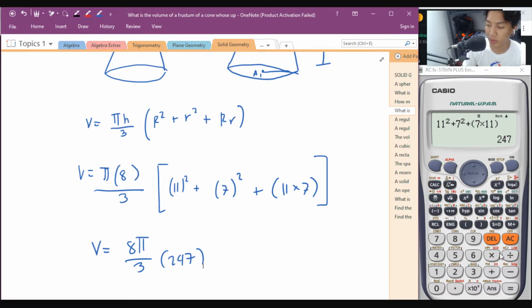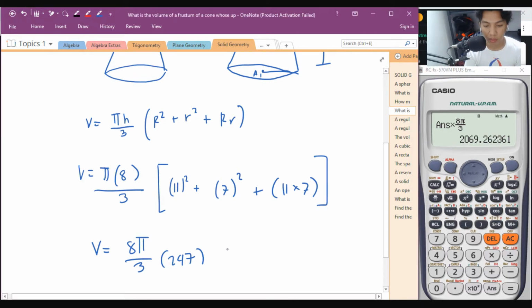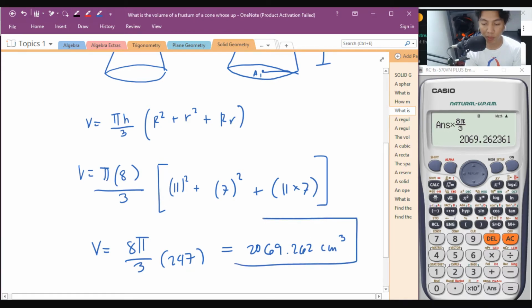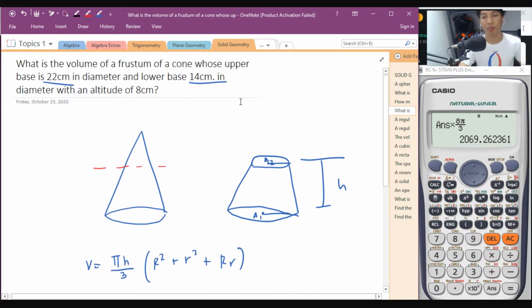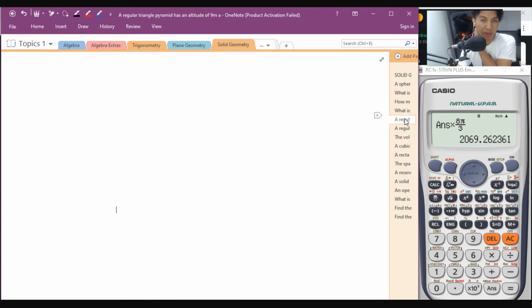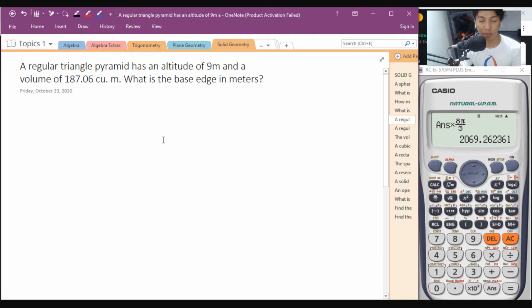Times ko na. Pi. So, 8 divided by 3. The answer for the frustum of the cone is 2069.262 cm cube. That will be the volume ng frustum. Okay? So, next one. 5.